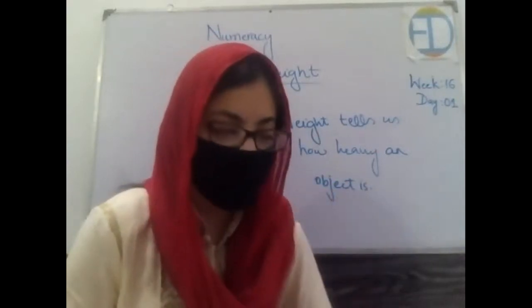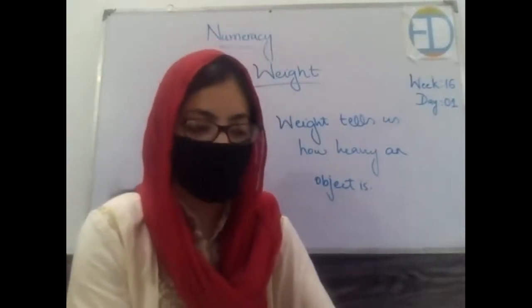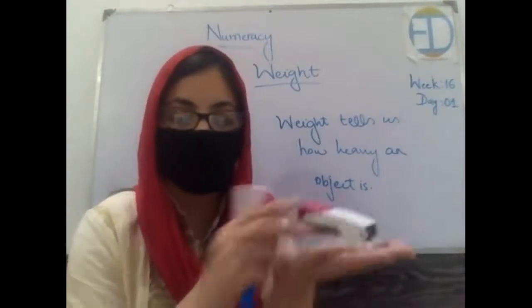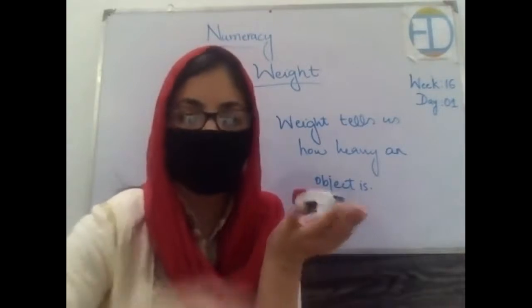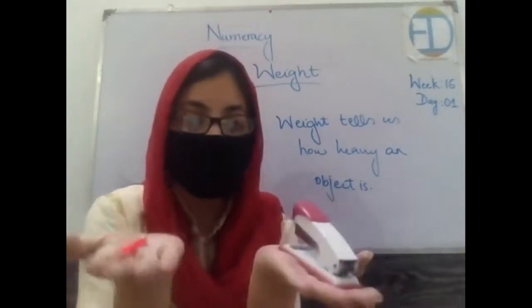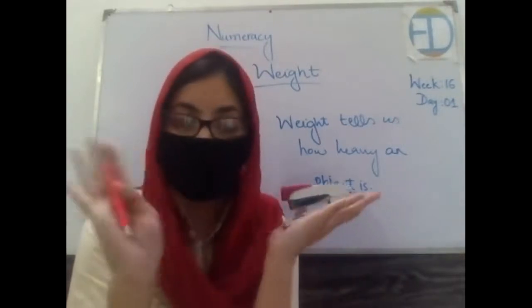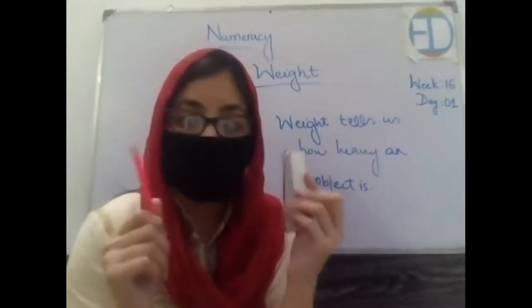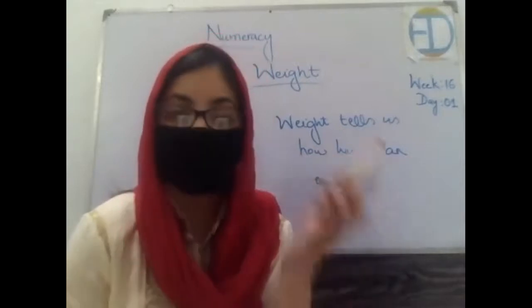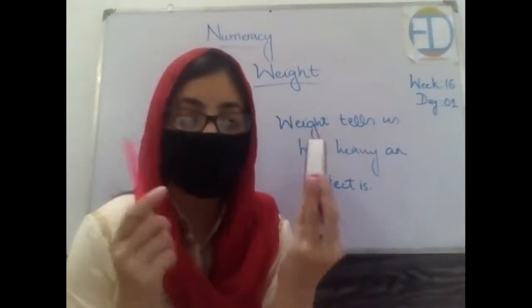Similarly, if I replace the ink pot with a stapler, now in one hand I have a stapler and in the other hand I have a marker. Let's replace the marker with a pencil. Now again I have two different things in my hand. In one I have this pencil and in the other I have this stapler. Now again the measurement tells me that this stapler is heavier than this pencil.